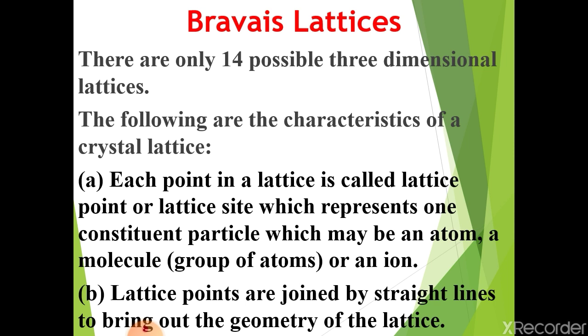Out of these systems, cubic system is most symmetrical and triclinic is most unsymmetrical. These 7 primitive unit cells you can learn from NCERT, table 1.3.